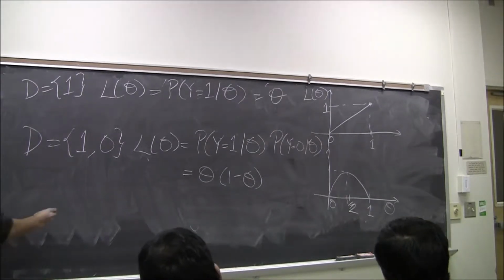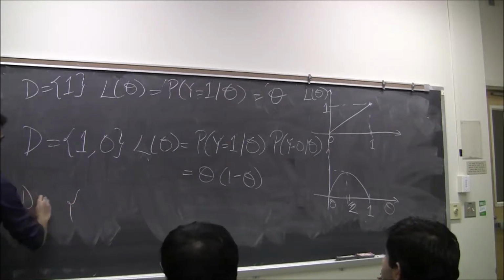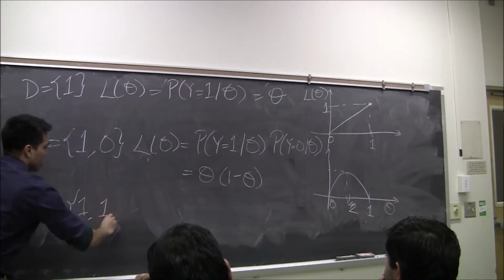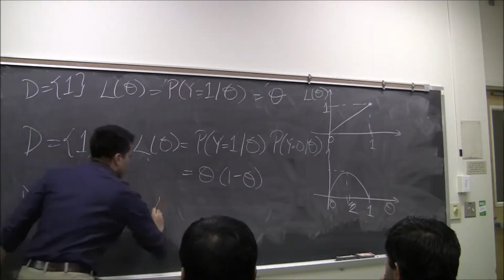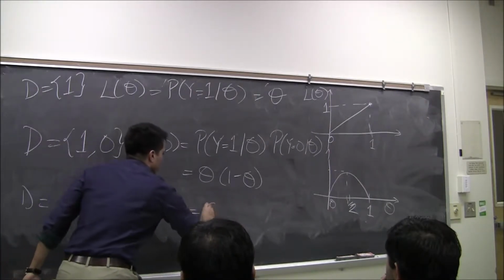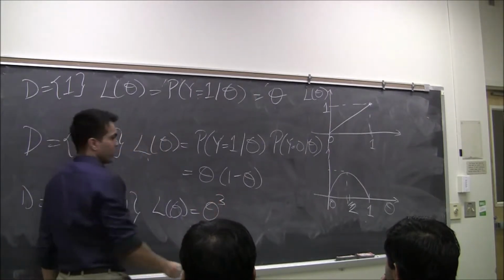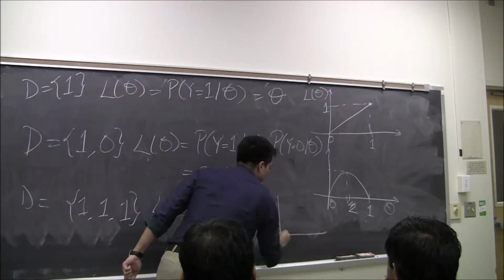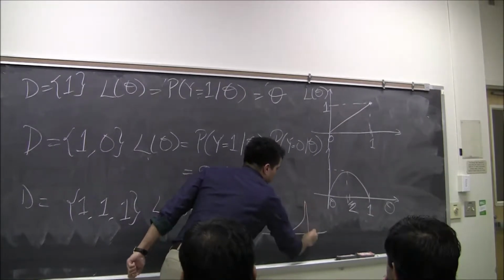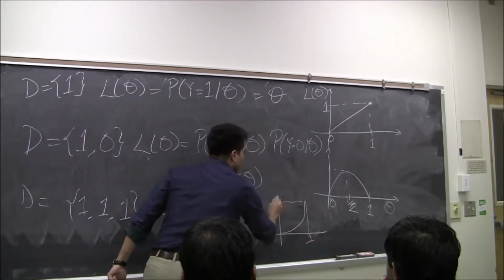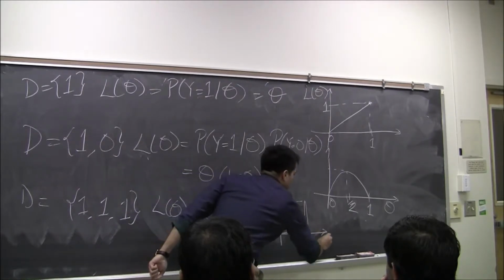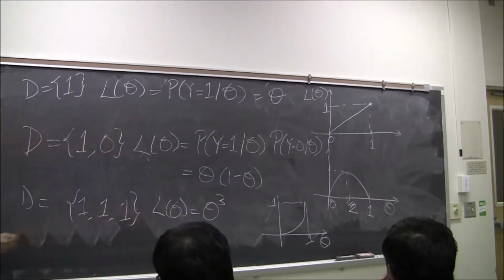Make sense? And if your data set was, let's say 1, 1, 1, your likelihood function would have been theta cubed. Right? So this function would have looked kind of like this, 1, versus theta. Does that make sense?